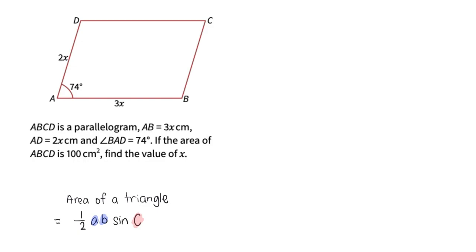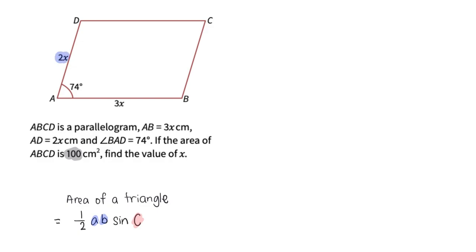Hello everyone, welcome to this question where we are given a parallelogram ABCD. And we are also given the sides 3x and 2x, and the included angle 74 degrees. We are also given the area.